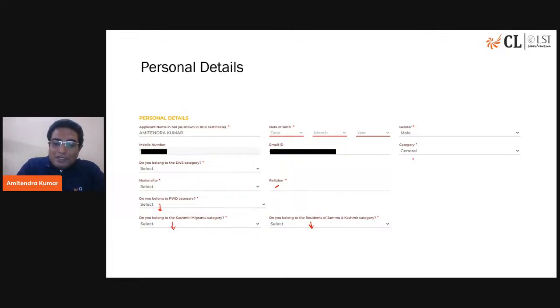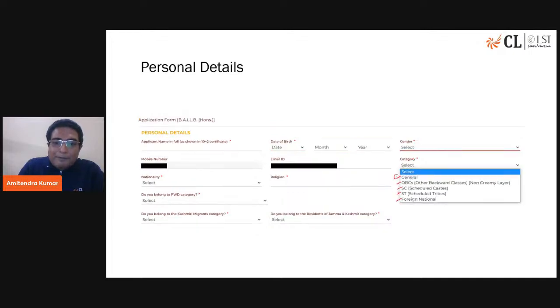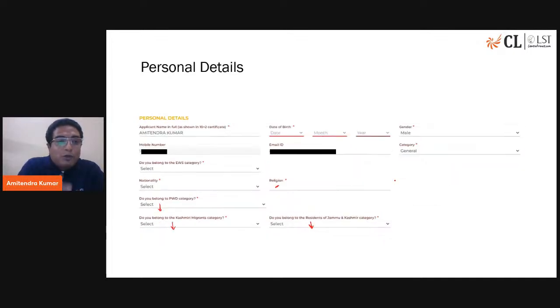But if you have selected, let's say SC and ST under this category, instead of EWS, the question here will ask you, do you belong to BPL category? So in case of students who belong to the reserve category, SC and ST, instead of EWS, your question will change. Do you belong to the BPL category?